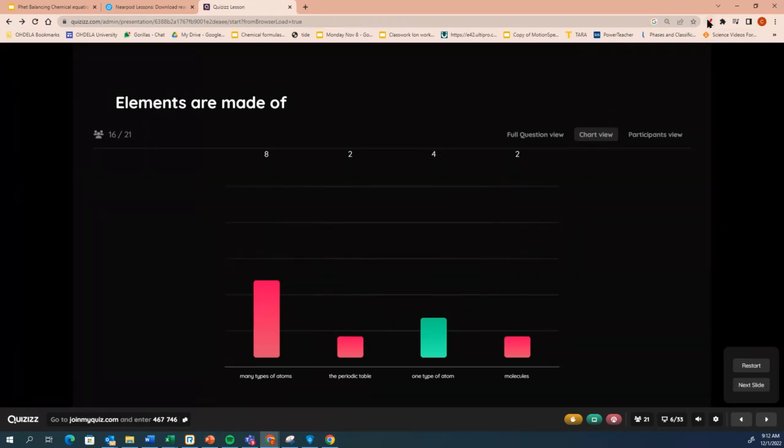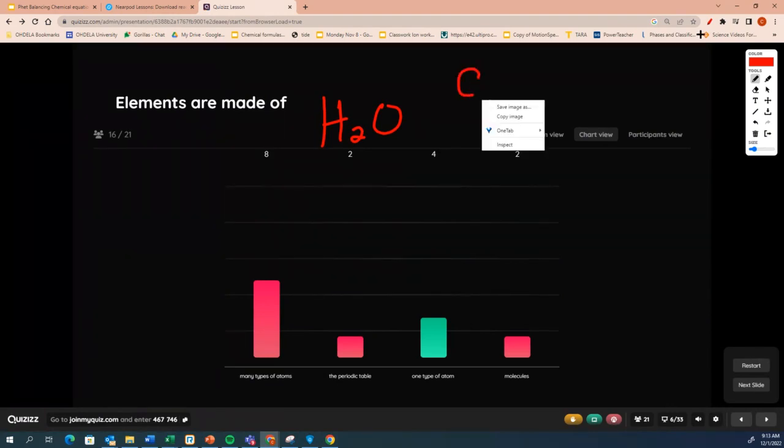All right, so again, compounds are like H2O. But this Cl2, I keep hitting my button there.